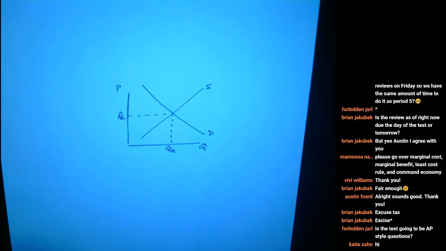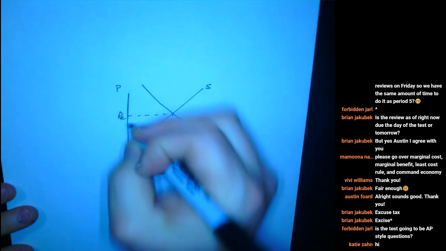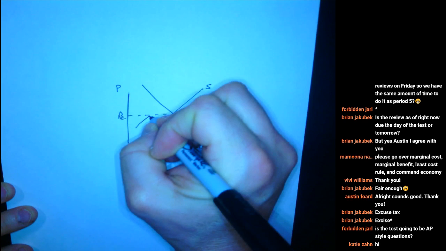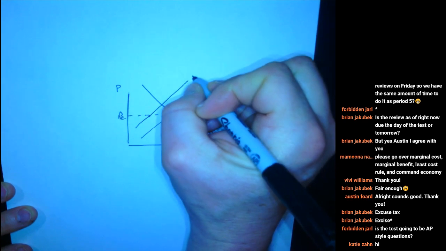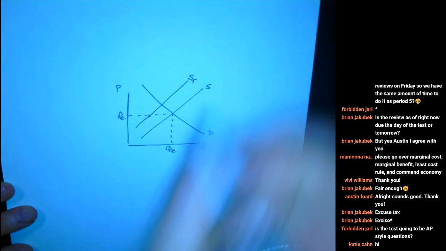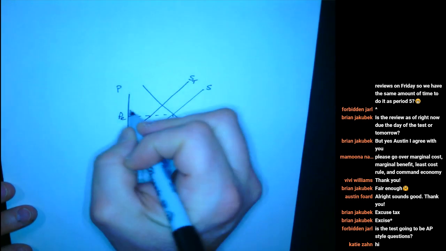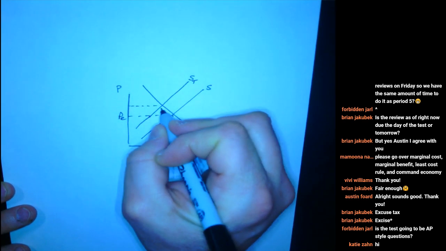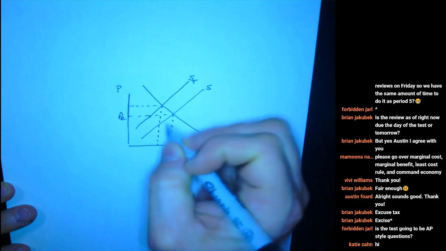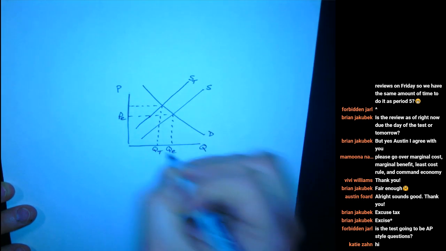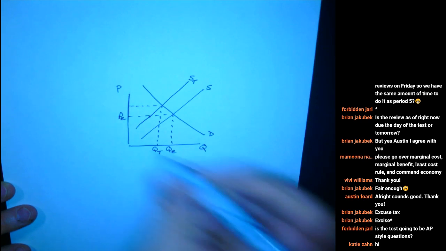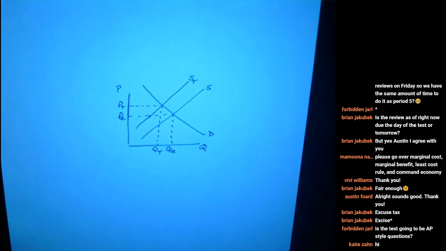So let's say that there's a tax put on, it's a per unit tax. So what would happen? Taxes shift the supply curve to the left, okay? Call that QT, and then PT, all right?